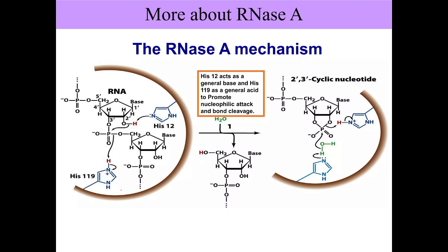So this is the scene at the active site of RNase A. This is an RNA molecule, and initially histidine 12 acts as a general base, and histidine 119 acts as an acid to promote nucleophilic attack and bond cleavage. So you can see that hydrolysis is happening, and a 2,3 cyclic nucleotide is formed.